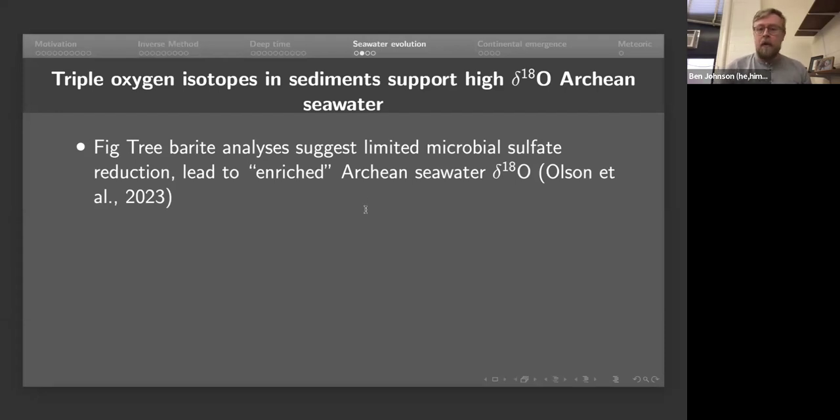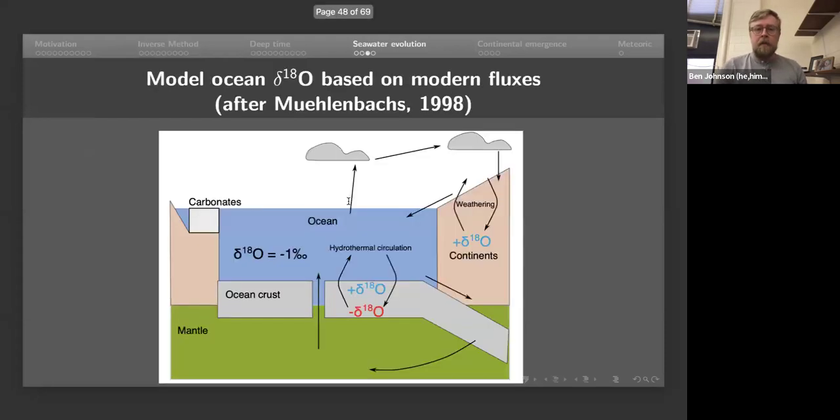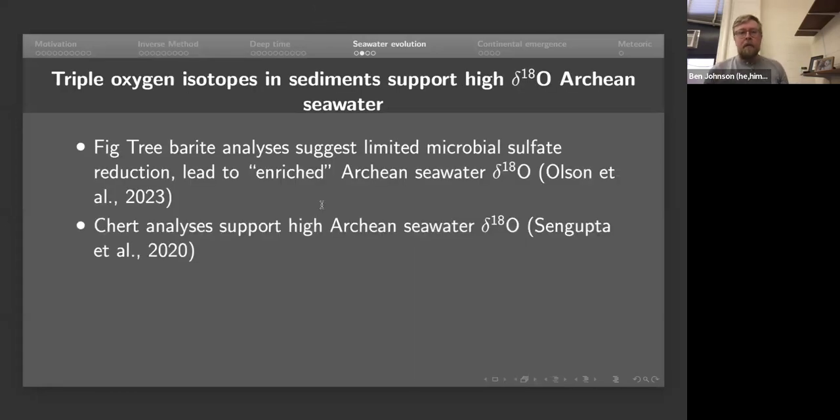There are also some relatively new measurements of triple oxygen isotopes in cherts, where these also are consistent with their formation from a relatively high δ18O value of Archean seawater. Either primary seawater, or the authors suggest this could be hydrothermal fluids that perhaps interacted with the oceanic crust and are elevated in that way.